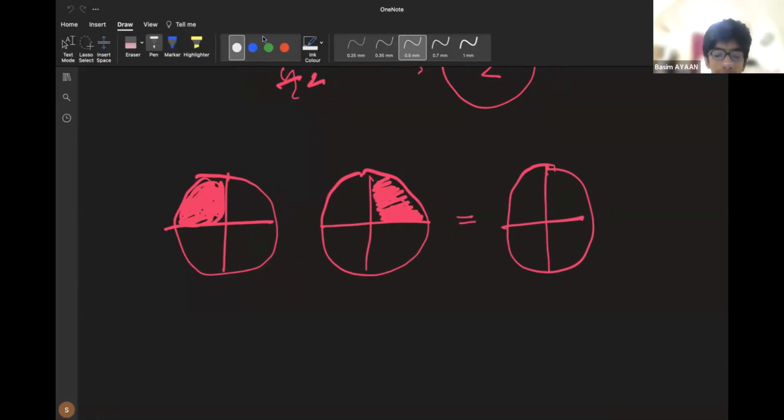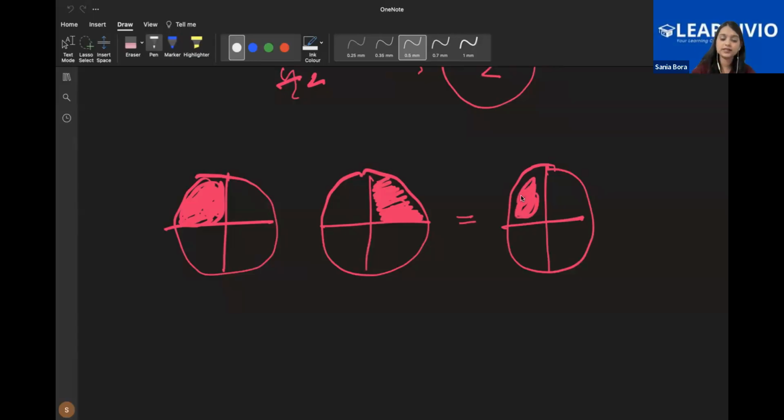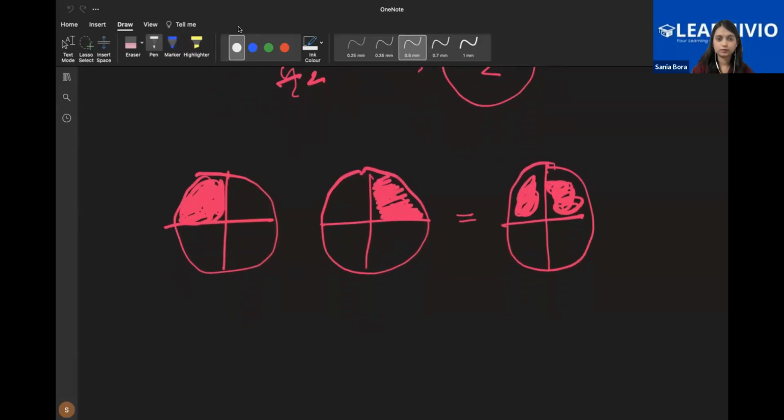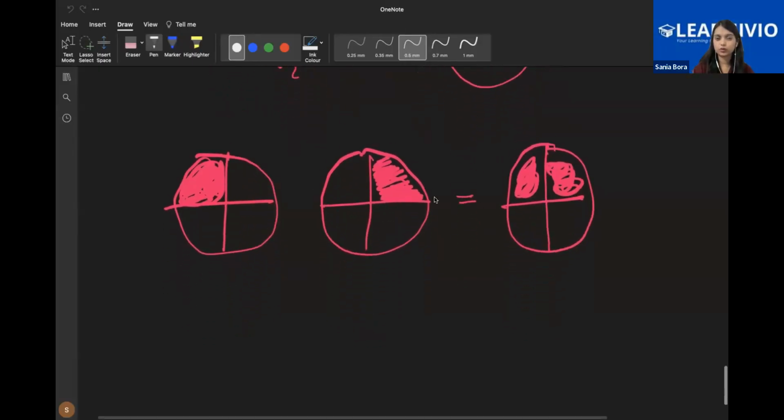Ma'am, 2 will be shaded. Yes, two parts would be shaded. First this one and then the other one. So this is what is there. Now, I'll give you one example. I'll just share this picture with you, and you can draw this in a notebook quickly.